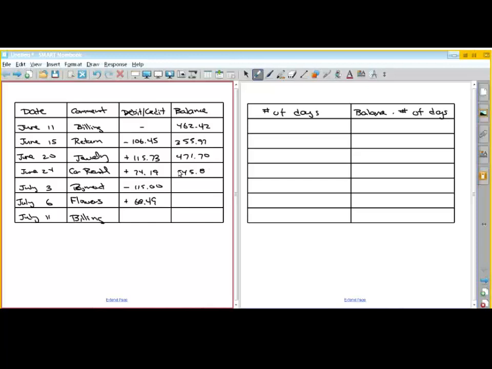So that's $545.89. Then we're going to subtract our payment. That brings the balance down to $430.89. Then we're going to add the charge of flowers, which is $499.38.